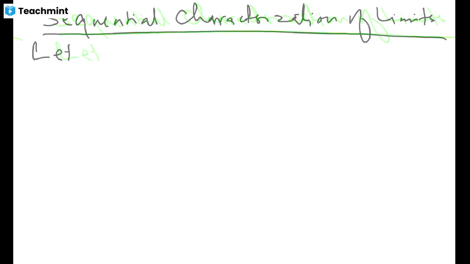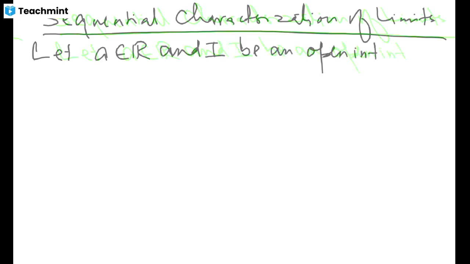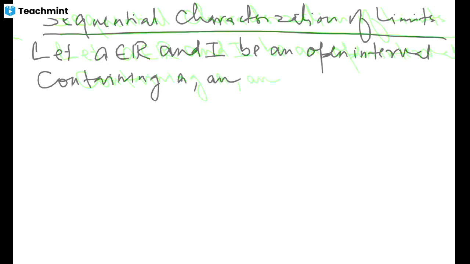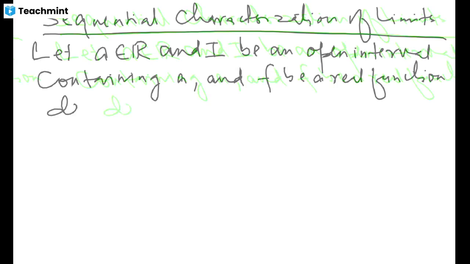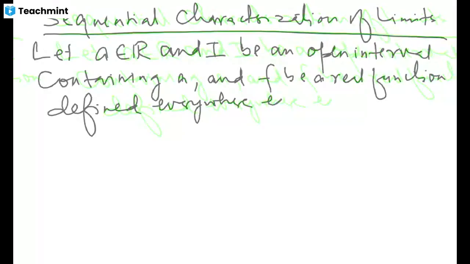Let a be a point at which we want to compute the limit, and I be an open interval containing a, and let f be a real function defined everywhere except possibly at a.